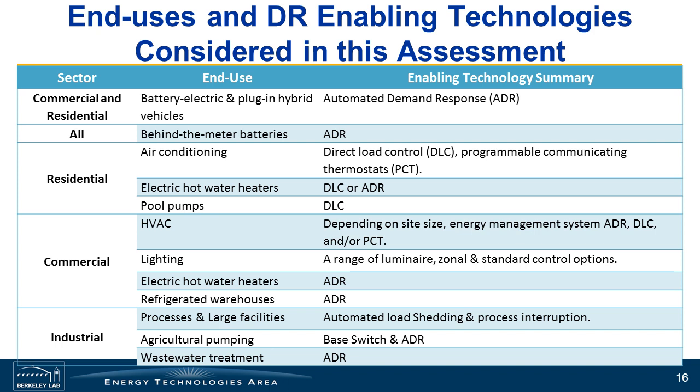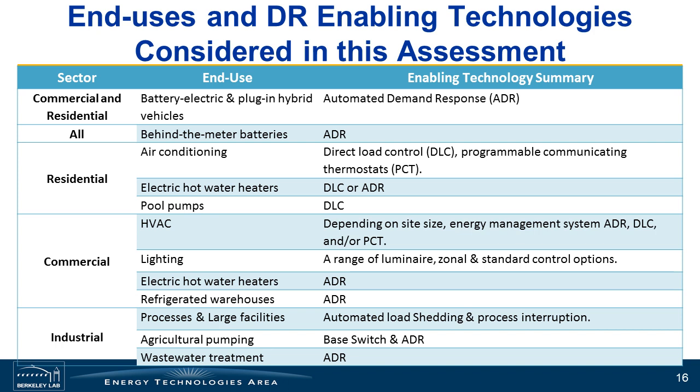A lot of the technologies that you see here are either automated demand response or advanced demand response. Automated demand response, direct load control, which is still a nice and viable option for utilities, and they're still pursuing that, and then the programmable communicating thermostats.